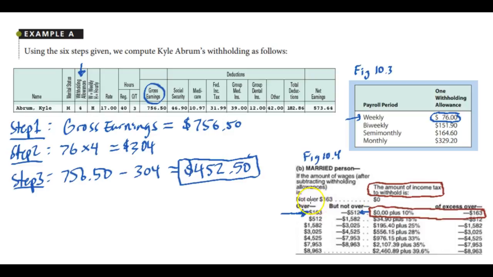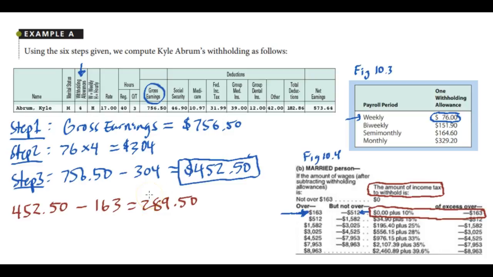The amount that's not over $163 is not being taxed at all, as we can see right here. So we need to subtract $163, which doesn't have any withholding value, from $452.50, and that gives us $289.50.